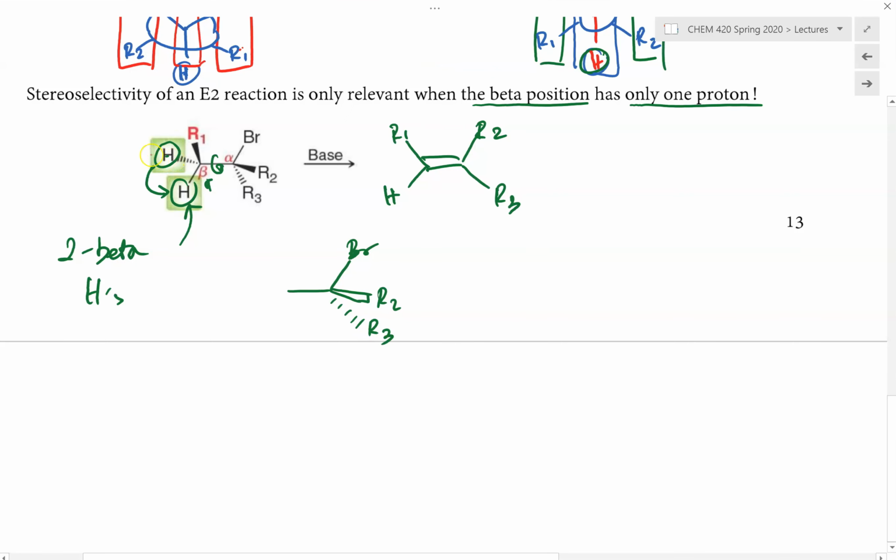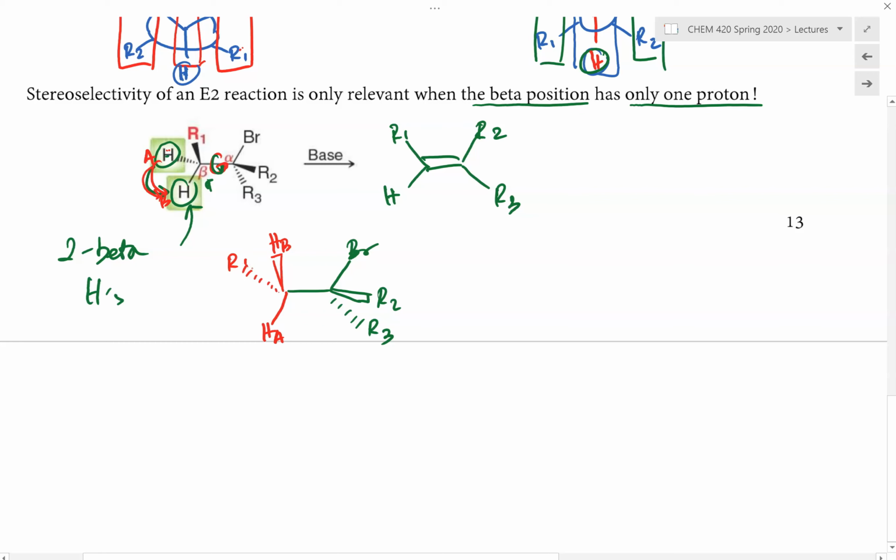And now let's call these hydrogen A and hydrogen B. In this case, we can rotate this to make hydrogen A point in this direction, because due to the rotation of this carbon-carbon bond, both of these hydrogens can take the anti-periplanar position. So when we pull this down, hydrogen A will be down here, and hydrogen B will be up here, and then the R1 group will be on the back.